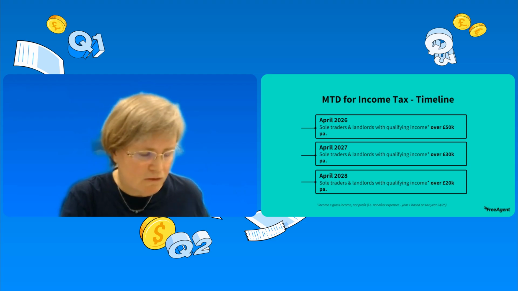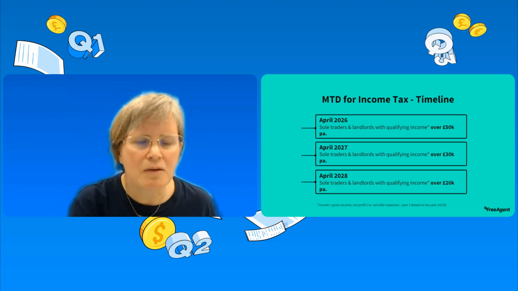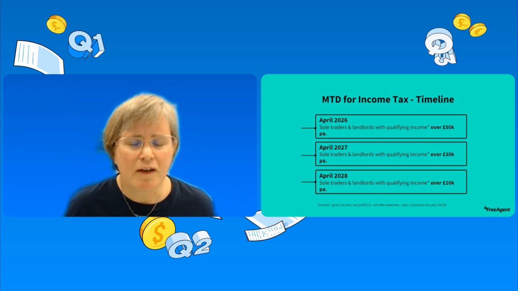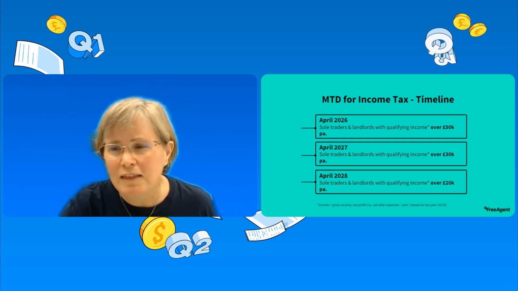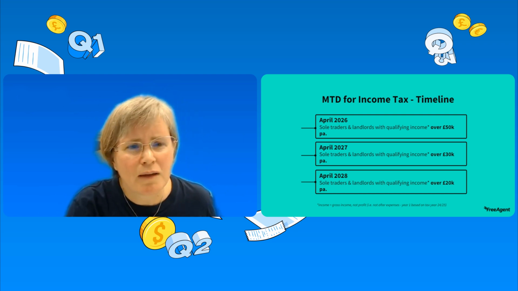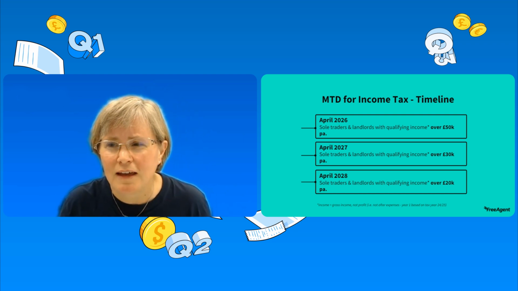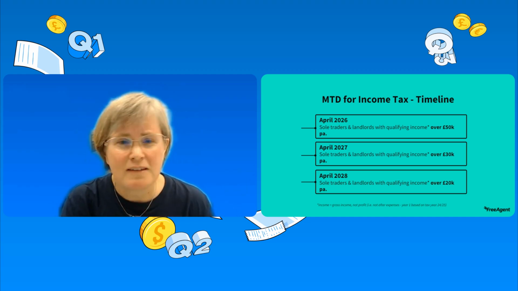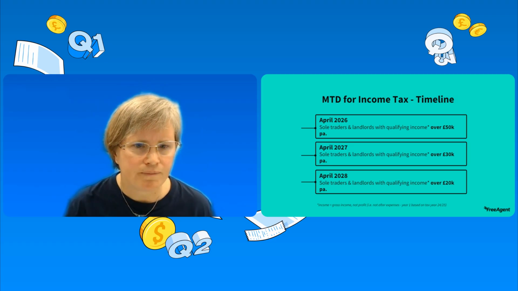Those are the landlords who will need to think about coming into making tax digital for income tax. And it's when your qualifying income goes over £50,000 that you need to start using making tax digital for income tax from the 6th of April next year. I will explain just shortly what I mean by qualifying income and what period you need to look at to ascertain whether you're over £50,000.